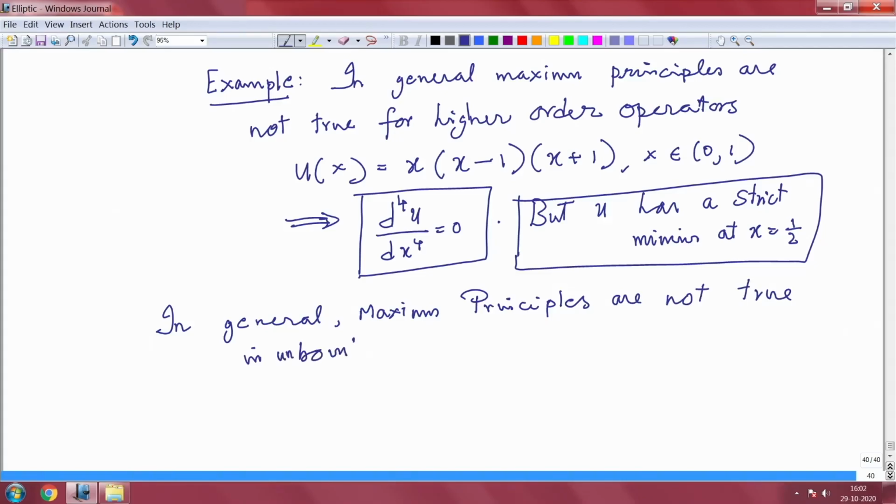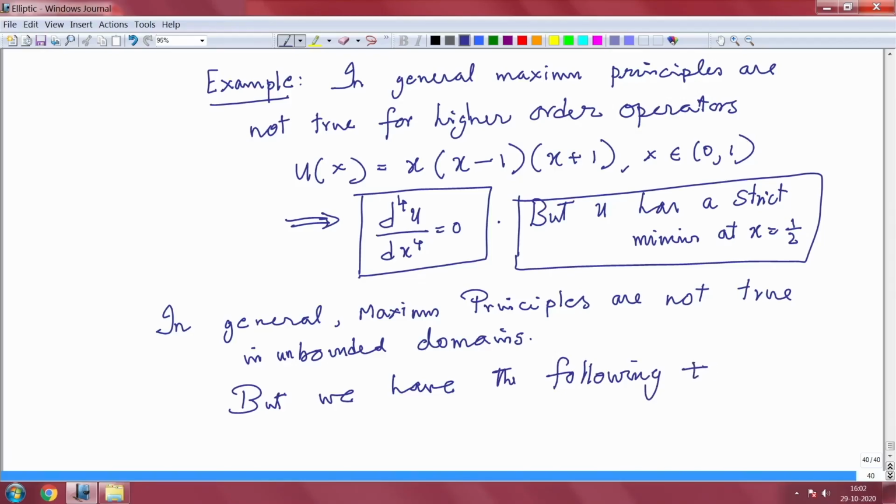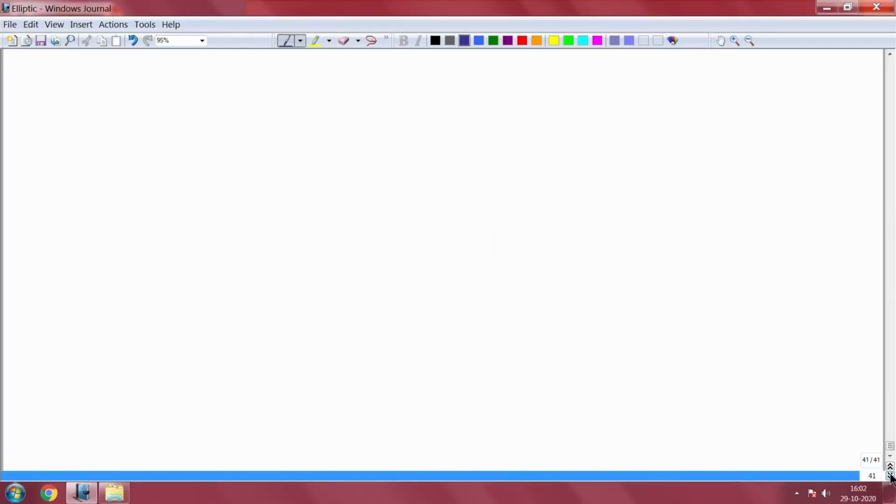But there is an interesting example, the following positive result. In general it is not true, but there are some domains for which I want to tell you a result. So, this is a theorem.